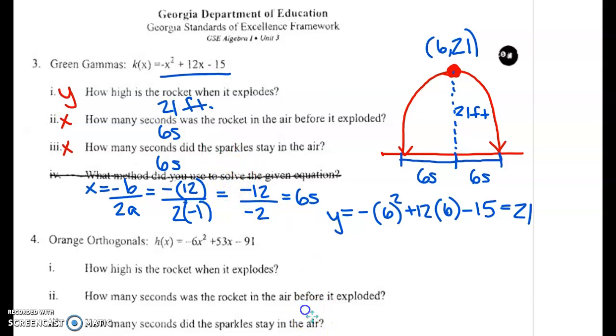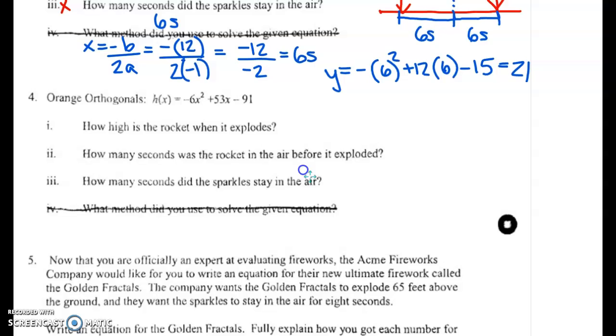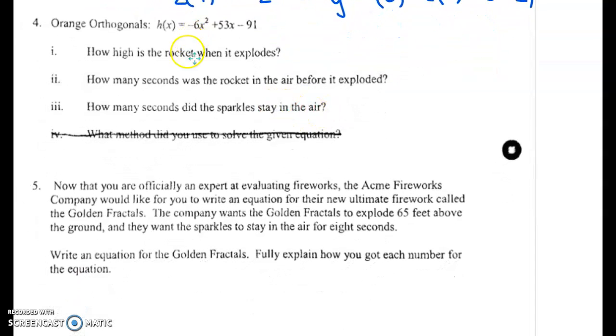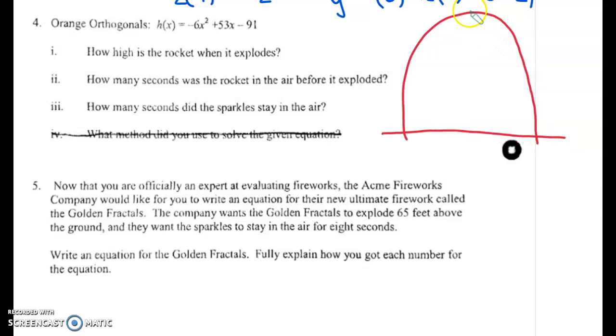Okay, now the last one is orange orthogonals. So same questions, right? Part 1, part 2, part 3. So we need to find the vertex, so let's go ahead and draw. It looks like that. Here's the ground.